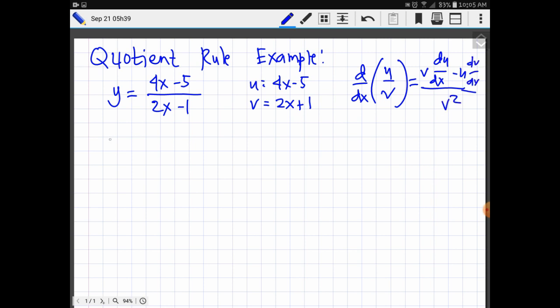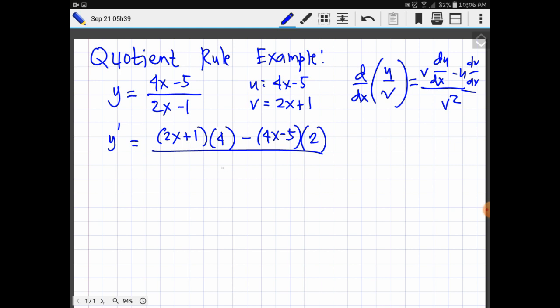So our v here is 2x plus 1, and we multiply it by the derivative of u, which is 4. Then minus the u, which is the quantity 4x minus 5, multiplied by the derivative of v with respect to x, which is 2. We have the denominator, which is v squared, or the quantity 2x plus 1 squared.